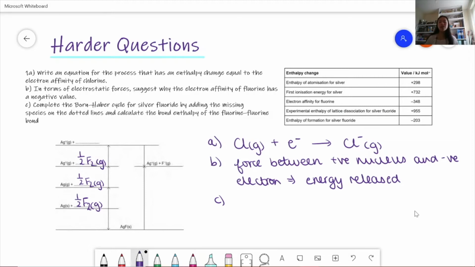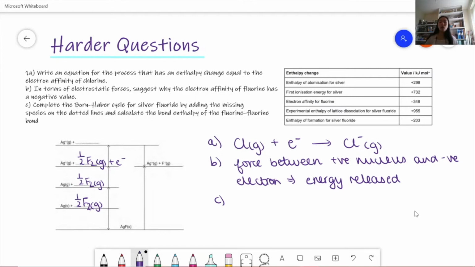If you have a look at the other side of the cycle, they have F-, the gas. This gives us a clue as to what we need for this top level. We actually just need fluorine as a gaseous atom by itself. Actually, for the level that we've just done, we need an electron because they've taken an electron away from the silver to get the first ionization energy.